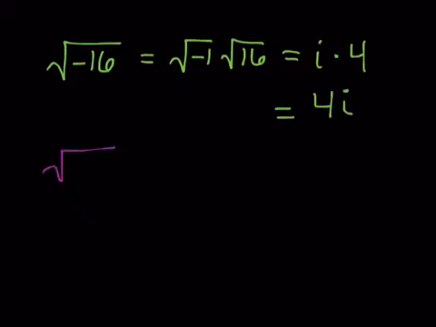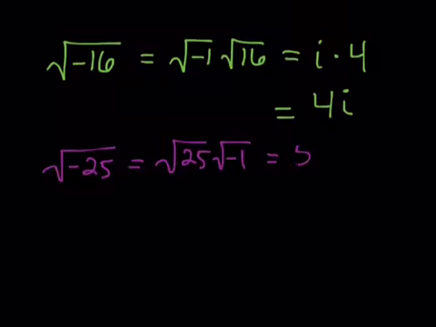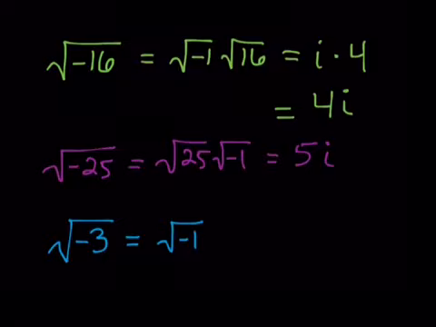Another example, the square root of negative 25. This would be the square root of 25 times the square root of negative 1. The square root of 25 is 5, and the square root of negative 1 is by definition i. Finally, one other example: the square root of negative 3 is the square root of negative 1 times the square root of 3.